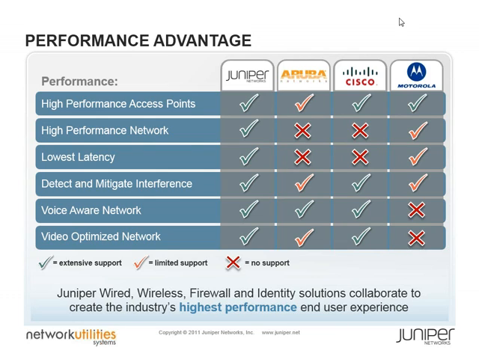Looking at things like high performance APs, high performance networks, lowest latency, interference mitigation, voice and video performance, a lot of the competing vendors have some of the functionality that Juniper provides, but not all of them support all the functionality. You either have no support at all, or you have limited support from other vendors.